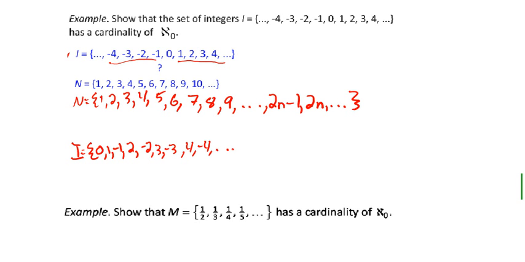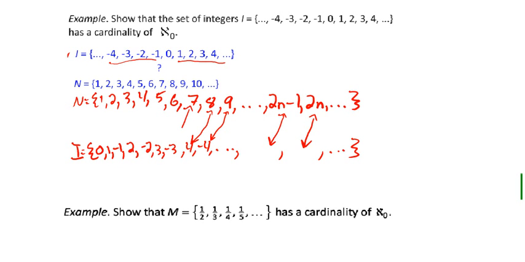Then we have to figure out what the rules are for these. We're going to try and match these up. I'm trying to pair them up now so we can see how we want to match them. My first term is 0.